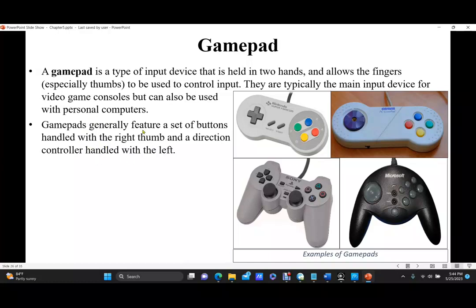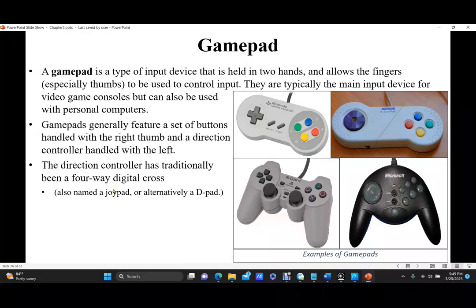They usually feature a set of buttons handled with the right thumb and a direction controller handled with the left. The direction controller traditionally is a four-way digital cross. Many modern ones also feature one or more analog sticks.